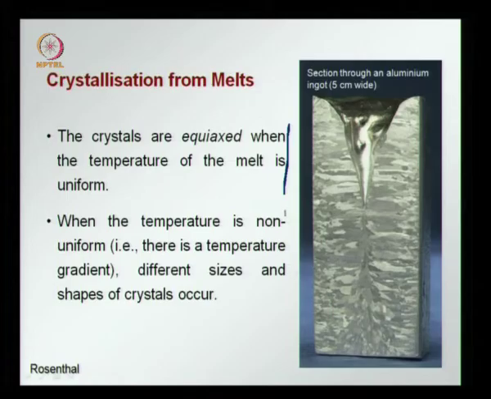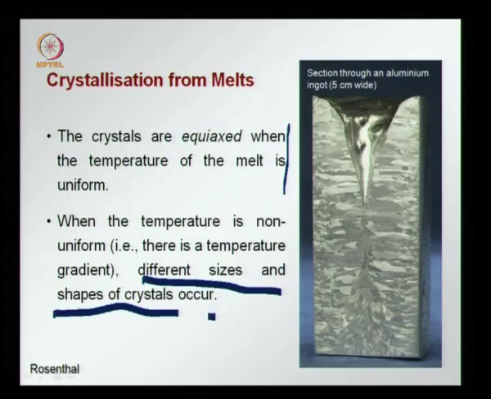So, wherever the temperature is non-uniform, that is, there is a temperature gradient, we have different sizes and shapes of crystals occurring, like we see here. In the center again we have a uniform temperature, and again the crystals can be equiaxed.